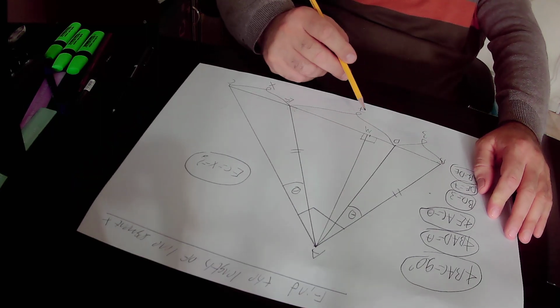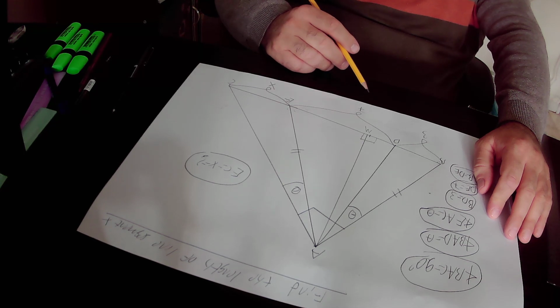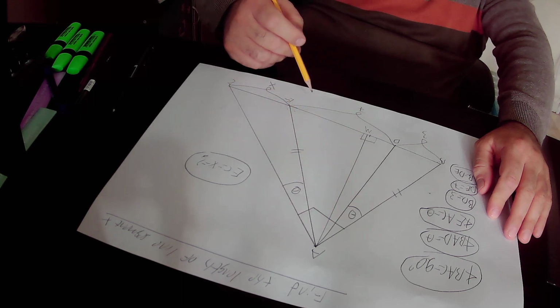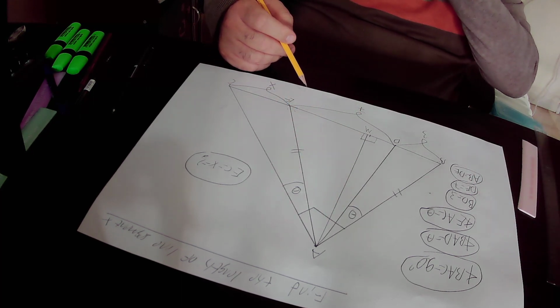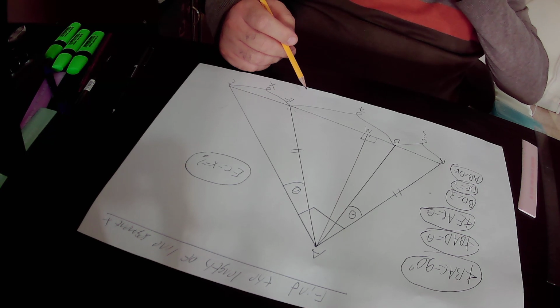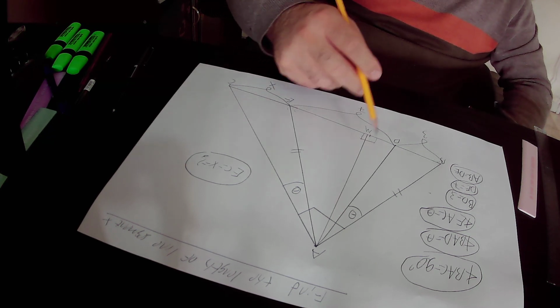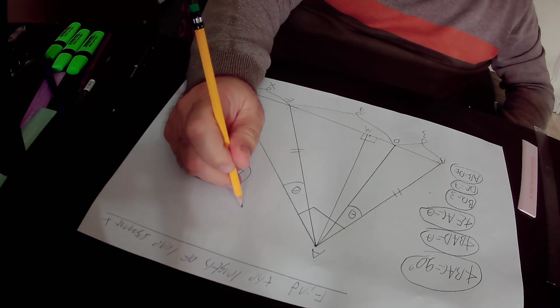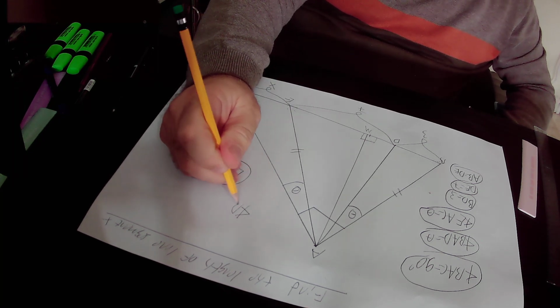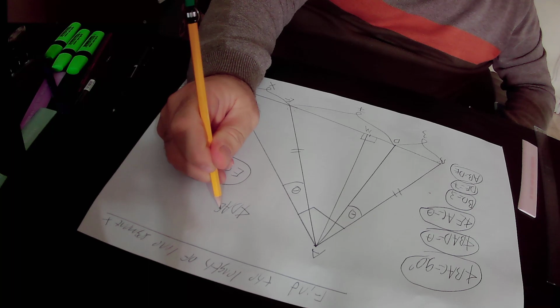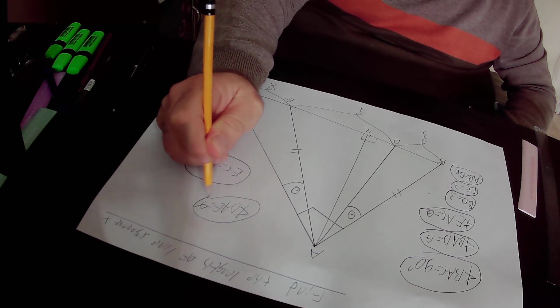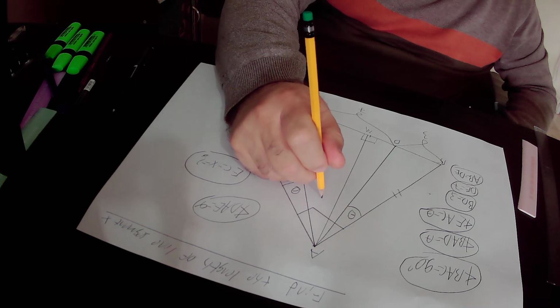We will define angle DAE as alpha. Angle DAE equals alpha according to definition.